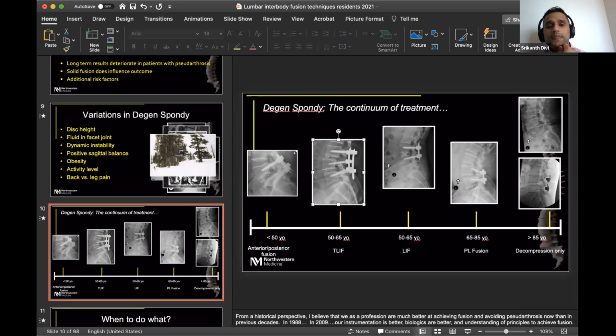Yeah. But you would need navigation for that, right? At least it makes sense to me to use navigation for the posterior screw placement, or the prone lateral. But you're right, I guess you could use fluoroscopy for it.